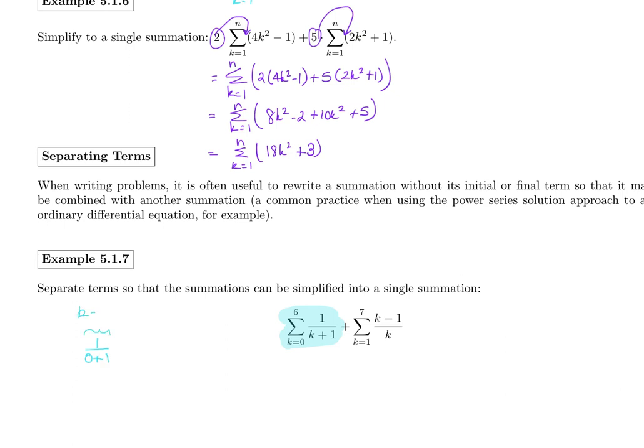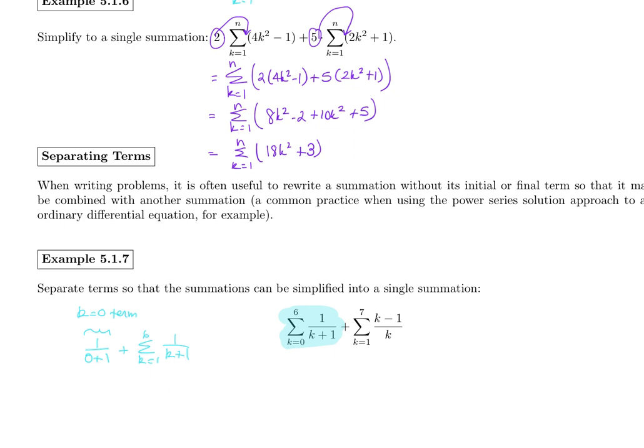This is my k equals 0 term. And then I can say, oh, well, now I can add up the rest of the sum from k equals 1 to 6 of 1 over k plus 1. So now I've adjusted my lower limit up to 1.